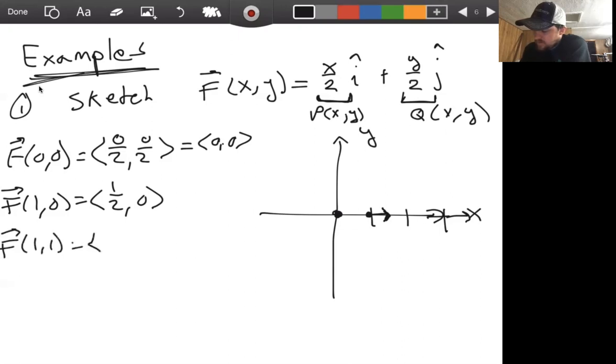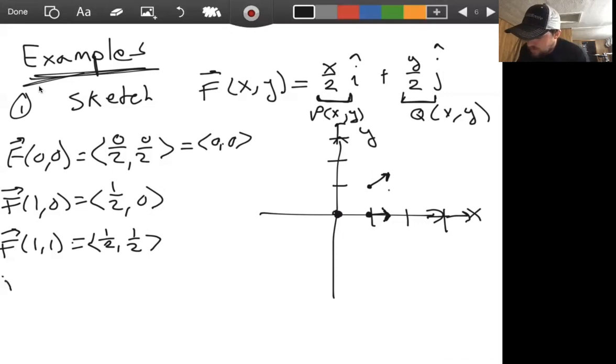Well, this is going to be the vector 1/2, 1/2. And so 1, 2, 3, let me extend. So at the point 1, 1, we have a vector given by 1/2, comma 1/2. So we get something like this, right? Because you'll have to look at the magnitude as well, or just based on components, this is 1/2 unit over, 1/2 unit up, right?